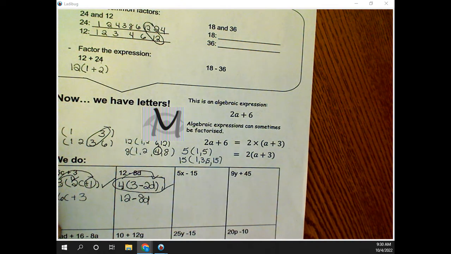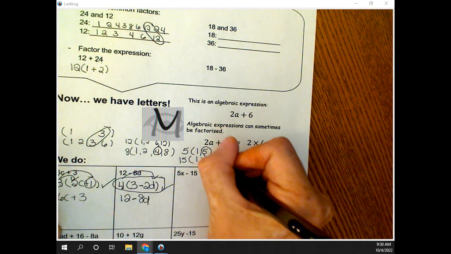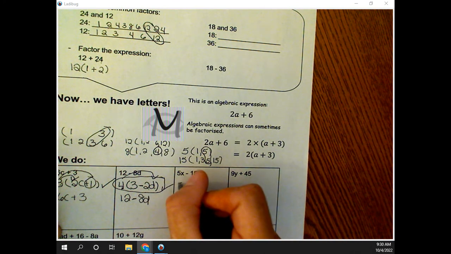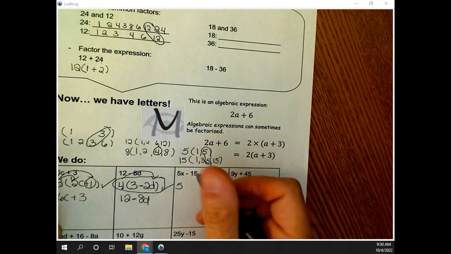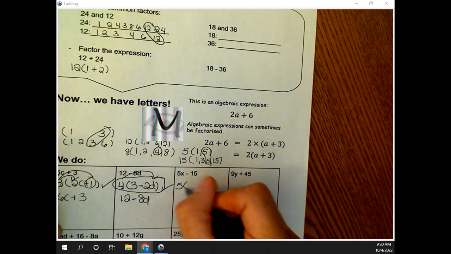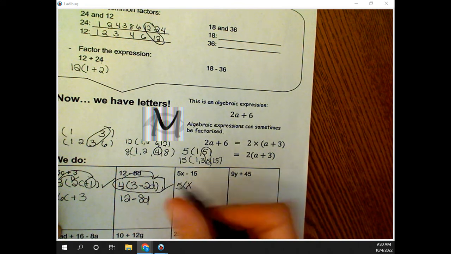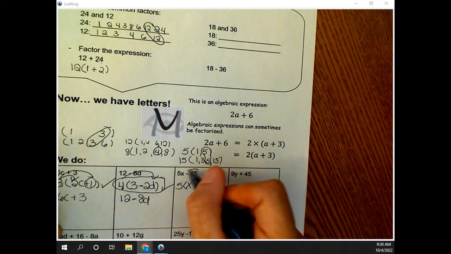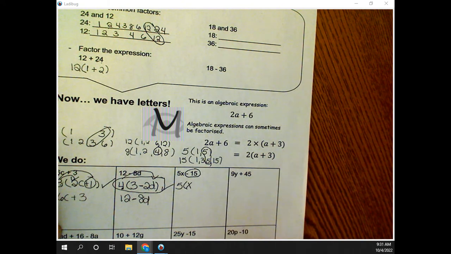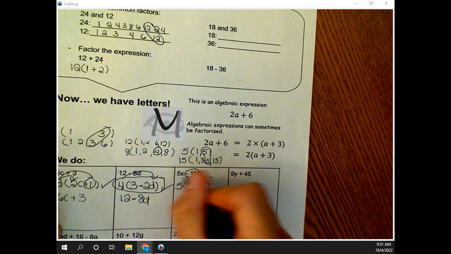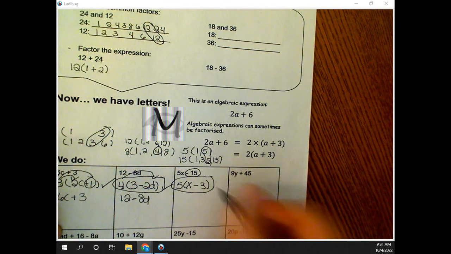So what is my greatest common factor? 5. So I'm going to pull my 5 out, and then I'm going to divide. 5x divided by 5 is what? 1x, or just x. 15 divided by 5 is 3, so negative 3. So this right here should be my answer.